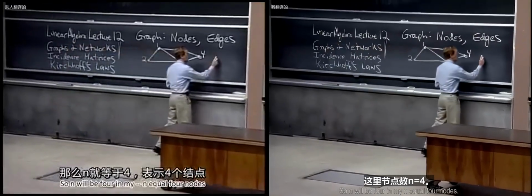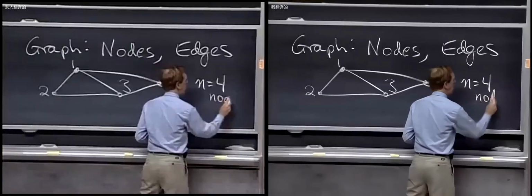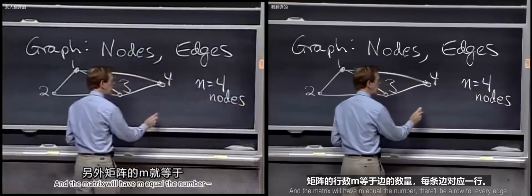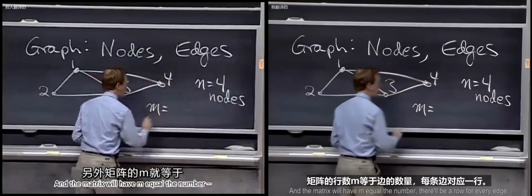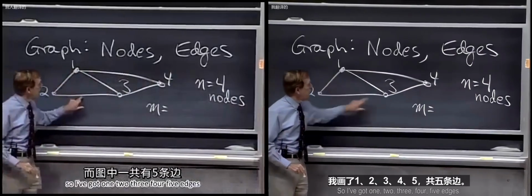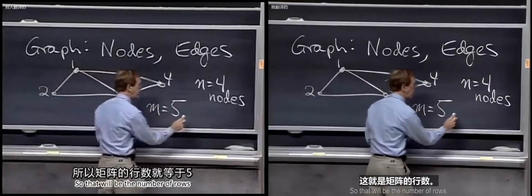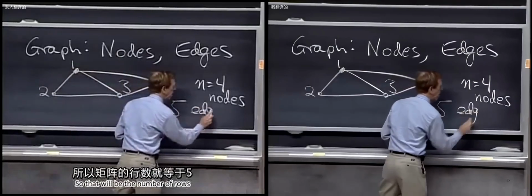So n will be 4, n equal 4 nodes. And the matrix will have m equal the number of edges. There will be a row for every edge. So I've got 1, 2, 3, 4, 5 edges. So that will be the number of rows.